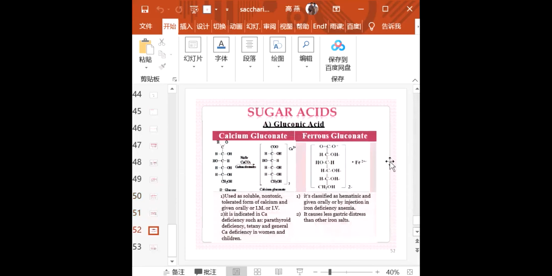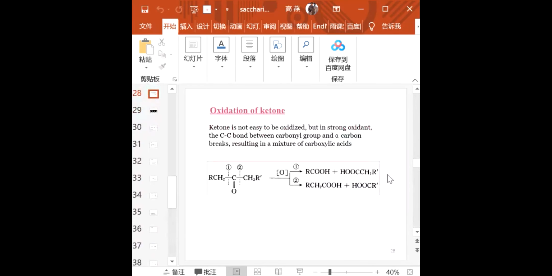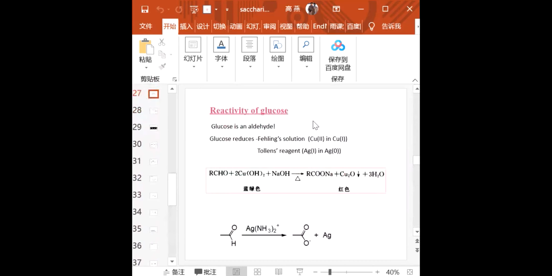And how about sugar acids? In contrast, sugar acids are prepared by oxidizing the corresponding sugar. Okay, go back to the chemistry. Sugars can be oxidized to get their corresponding sugar acid, or gluconic acid.